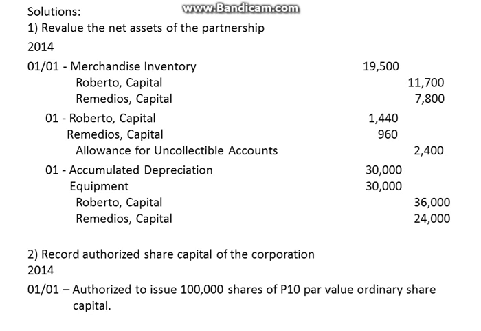Next adjustment is that equipment is to be recorded at its current value of 120,000 pesos. Now, the entry for that adjustment is a debit to accumulated depreciation of 30,000 with a debit to equipment of 30,000 and a credit to Roberto and Remedios Capital for 36,000 and 24,000 respectively.